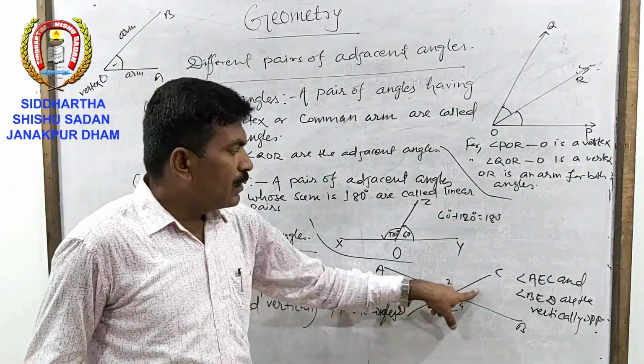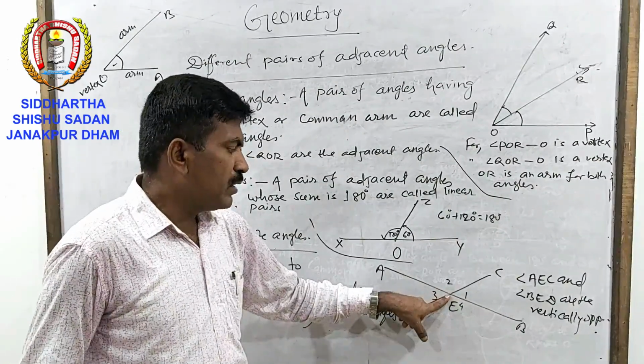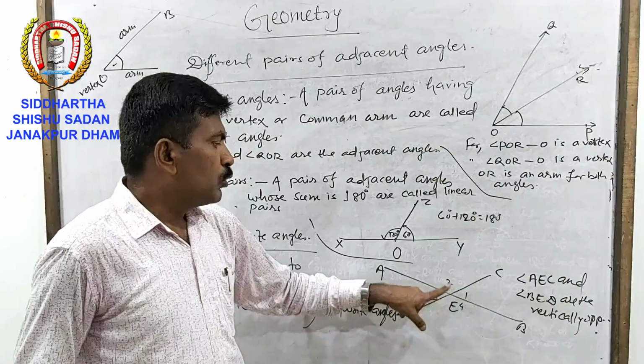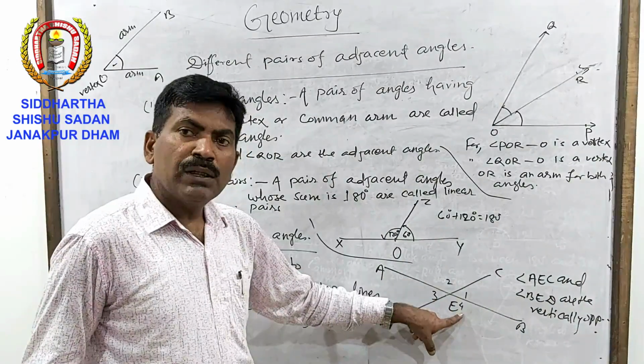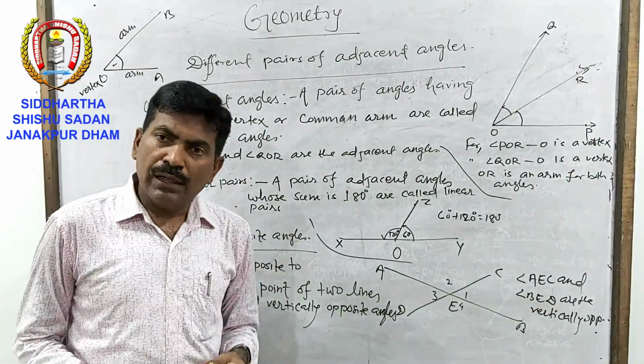These two are just opposite to the intersection point E of two lines. So 2 and 4 are examples of vertically opposite angles, and 1 and 3 are the vertically opposite angles.